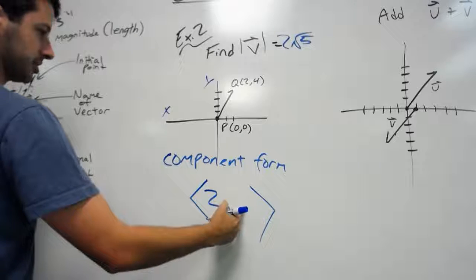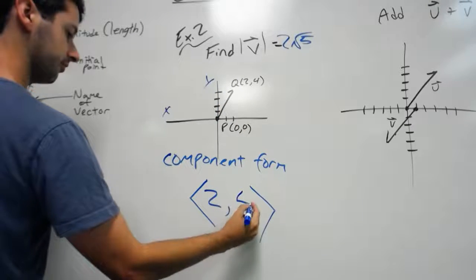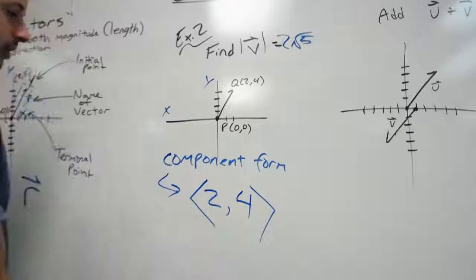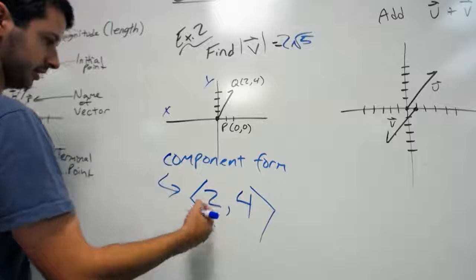And then we see how much it changes in y. And it goes up 1, 2, 3, 4. So we put 4 there. But this right here is an example of component form. And it may ask you to add component forms, different things like that. That's easy.